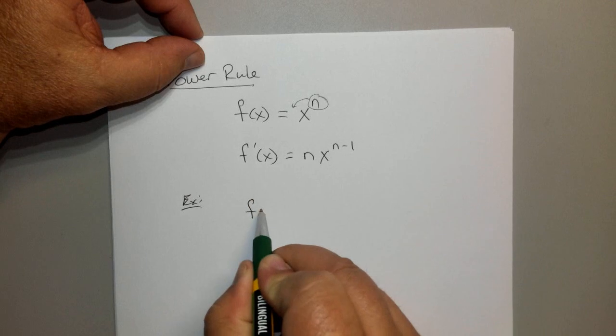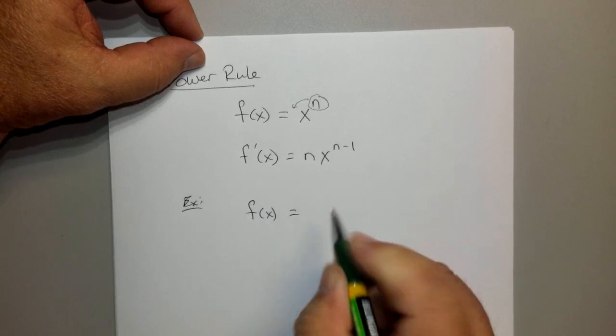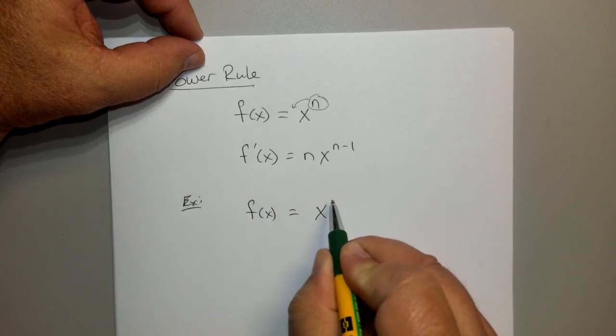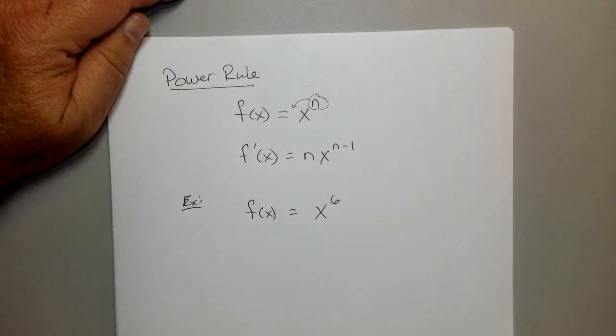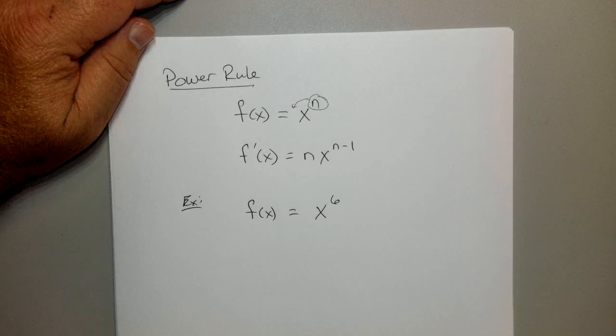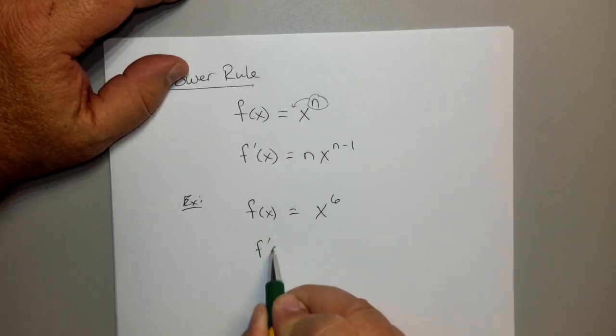Example. x to the power 6. What's the derivative?